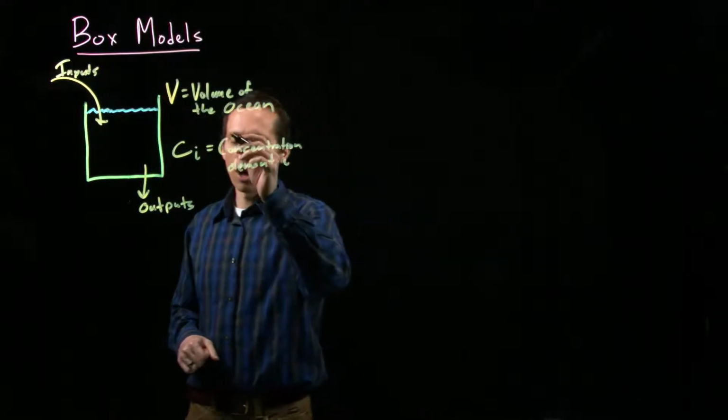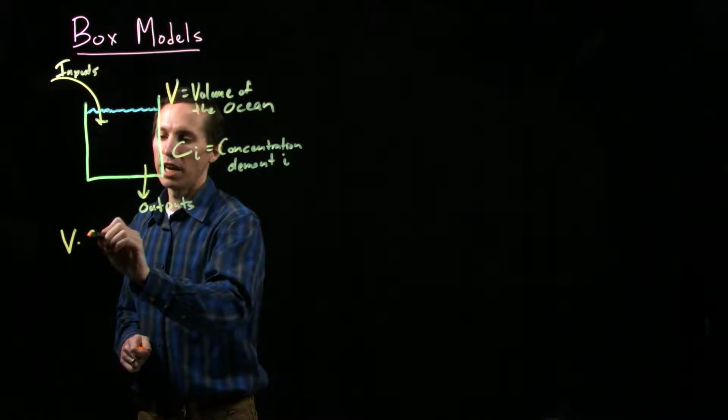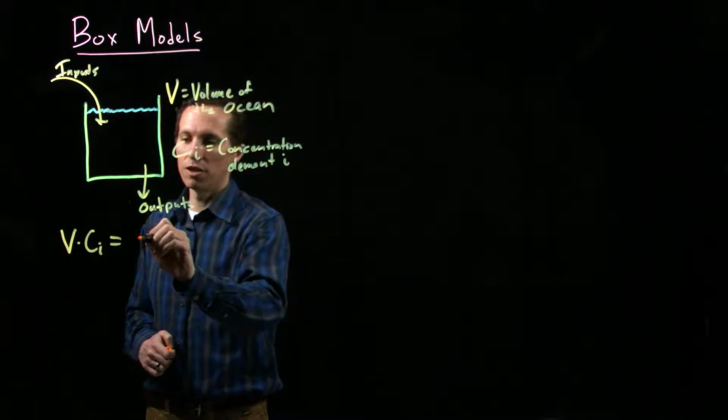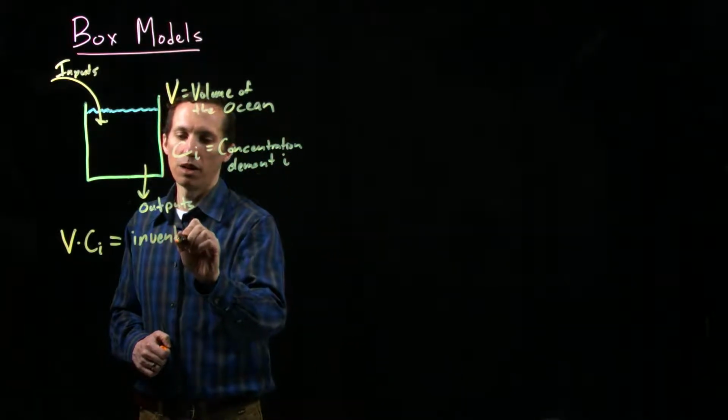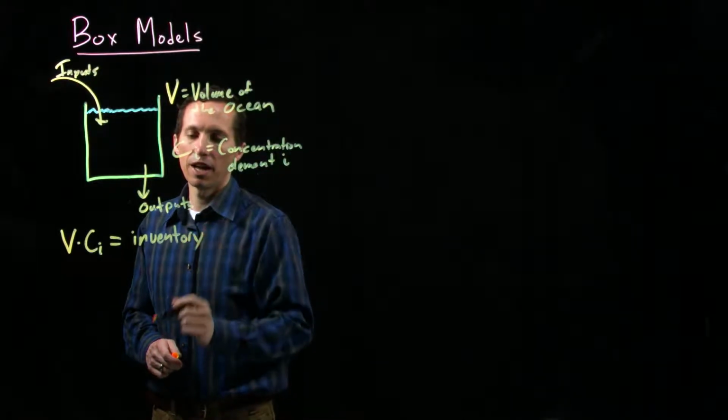So the product of V and C, V times Ci, is equal to the inventory of that element in the ocean. So what that means is that that's how much there is.